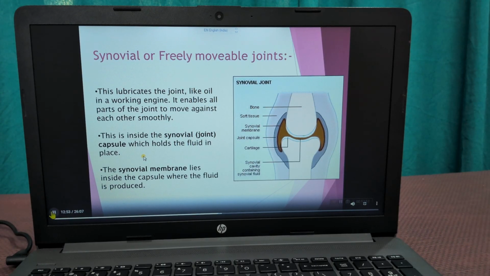Due to the presence of the capsule, the fluid remains inside its position. And the synovial membrane lies inside the capsule, where the fluid is produced.